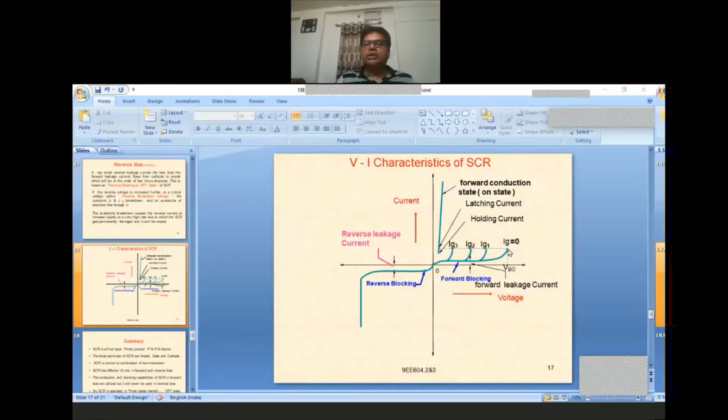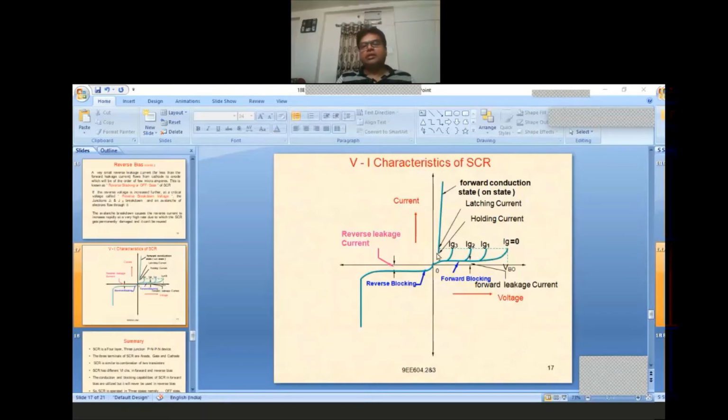After the forward breakover voltage, avalanche breakdown occurs, current increases rapidly, the voltage across the SCR falls down to very low values, and now the load will be getting a voltage which is Vs minus VSCR.